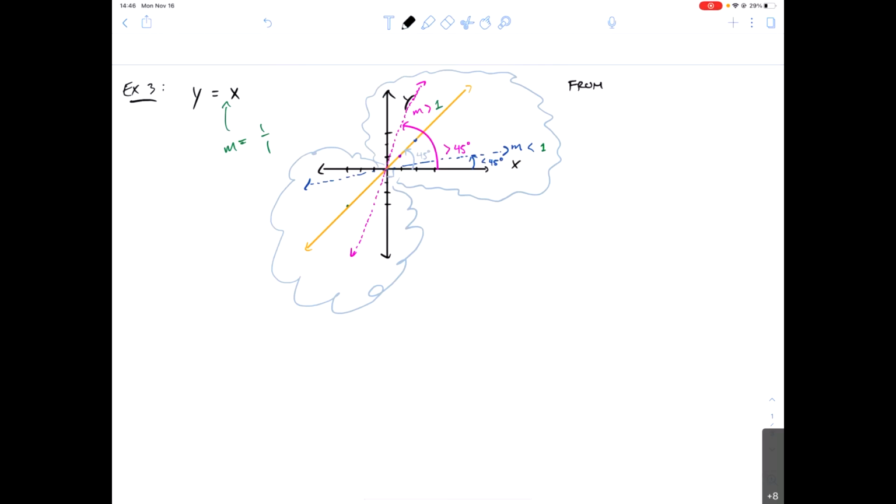From understanding slope, we can address and maybe even identify multiple equations or multiple lines in a single coordinate plane.